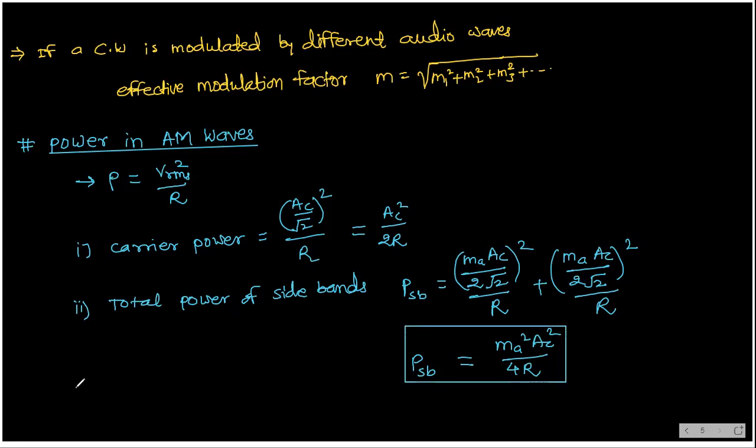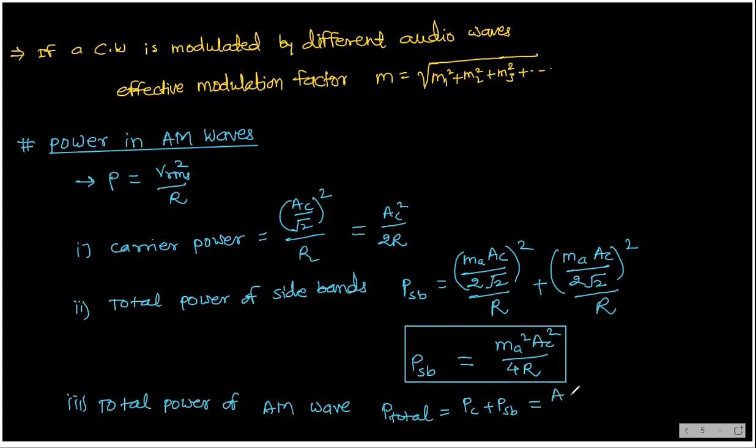Next one, total power of AM wave, that is P total is equal to P of C plus P of sideband. So what you will get?